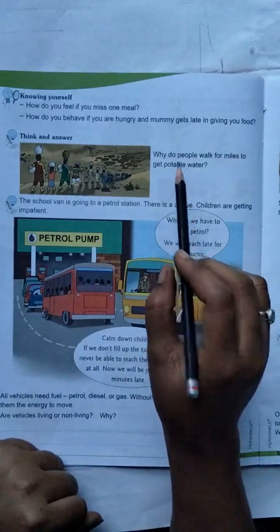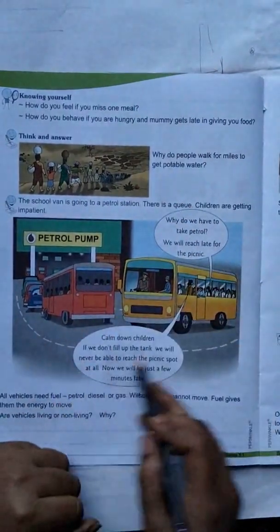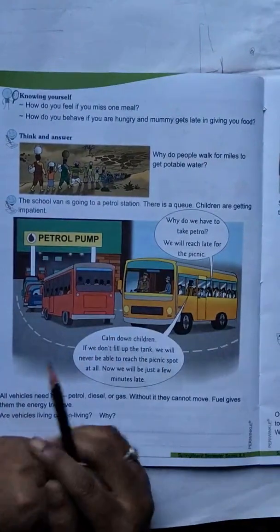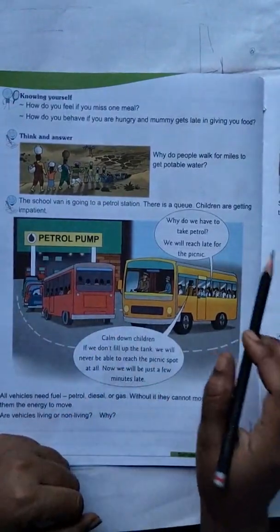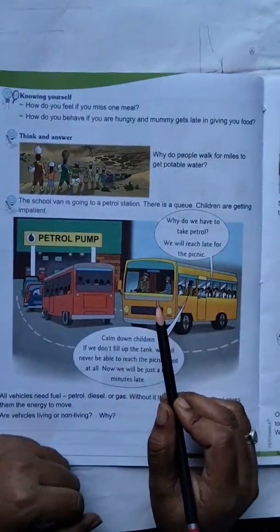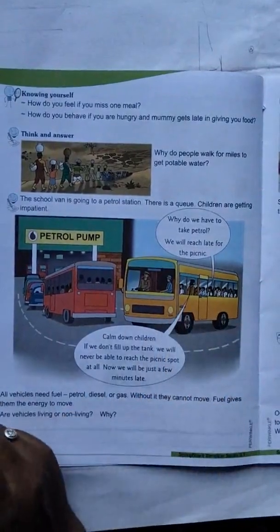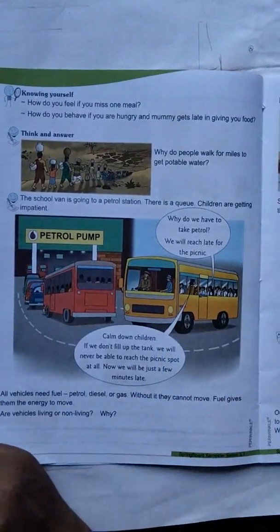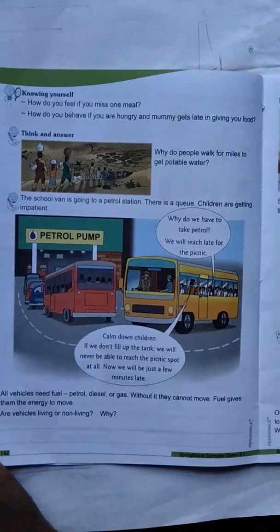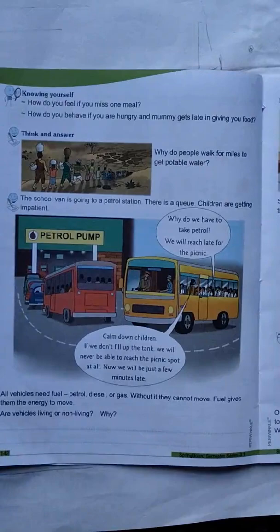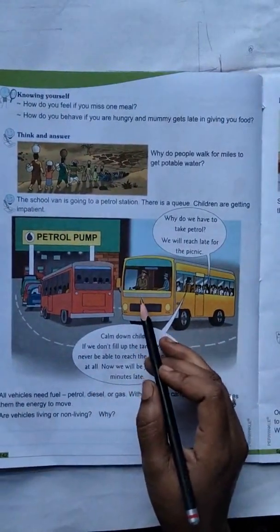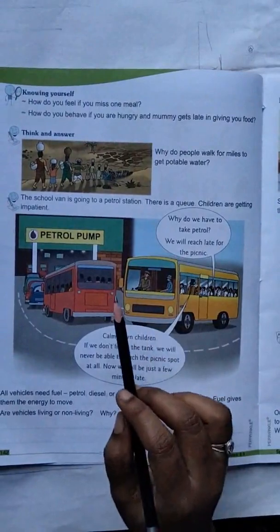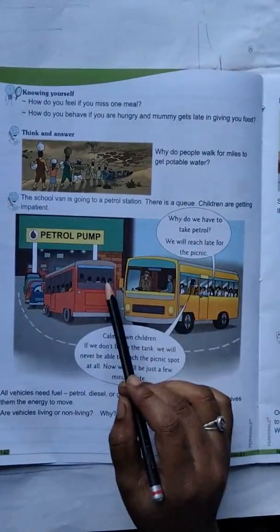The school van, next see here, one picture is there. The school van is going to the petrol station. There is a queue. Children are getting impatient. Okay, they have lost their patience because they want to go on the picnic as soon as possible, so they are discussing with each other.